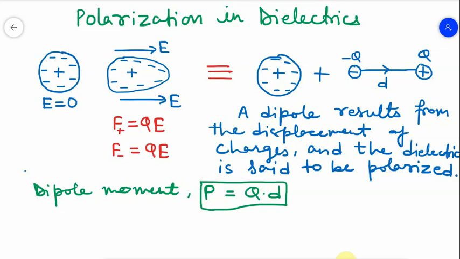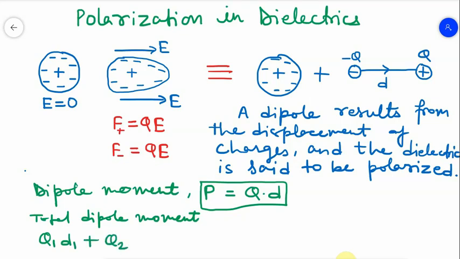So if there are n dipoles, then the total dipole moment is given by Q1 d1 plus Q2 d2 plus, up to the n dipoles, Qn dn.